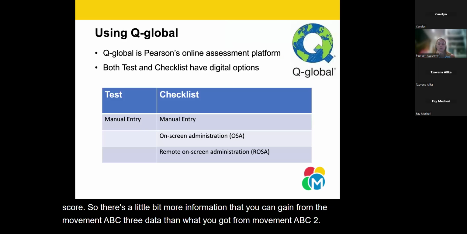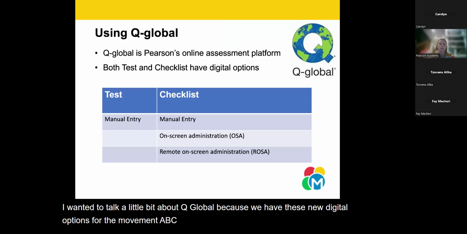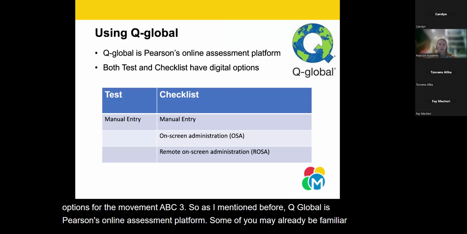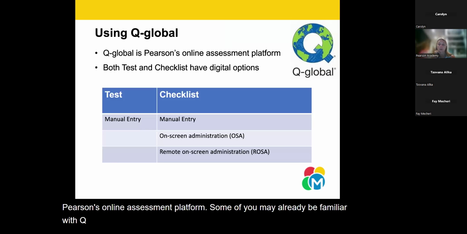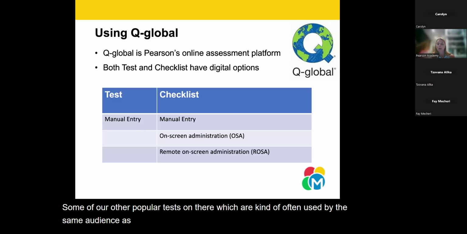I wanted to talk a little bit about Q Global because we have these new digital options for the Movement ABC-3. As I mentioned before, Q Global is Pearson's online assessment platform. Some of you may already be familiar with Q Global. Some of our other popular tests on there, which are often used by the same audience as the Movement ABC-3, are the Pedicat, the Sensory Profile, the BOT-2, the Vineland.